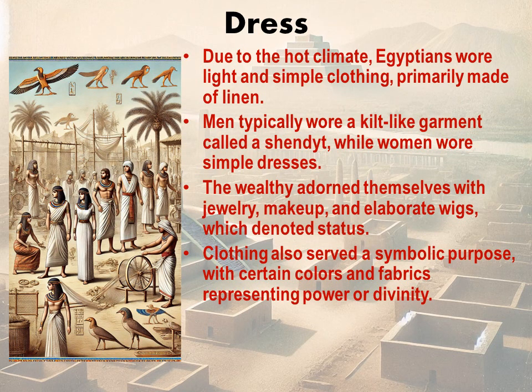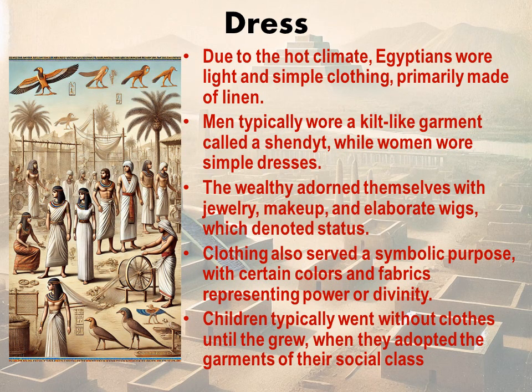Thus clothing represented power and divinity. Divinity means connection towards God. Just like in our culture, we have the white or saffron clothing reserved for the priest. Similarly, there were some specific colors for certain people in Egyptian culture which represented power or divinity.